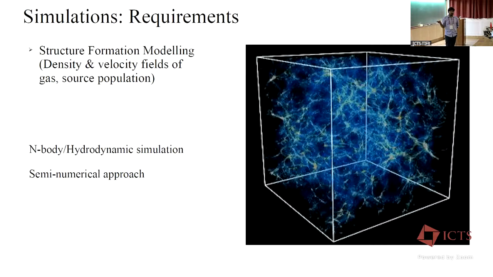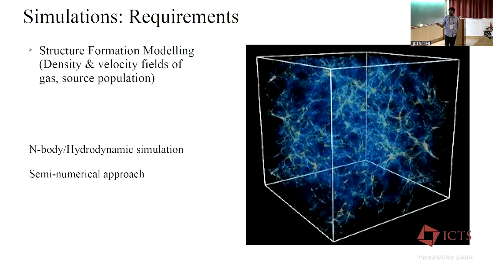Now, one easy thing for N-body simulation is that you can do dark matter only simulations. If you add hydrodynamics, the gas, into the simulation, you will get a better distribution of hydrogen, but that will be costly in terms of computational resources.